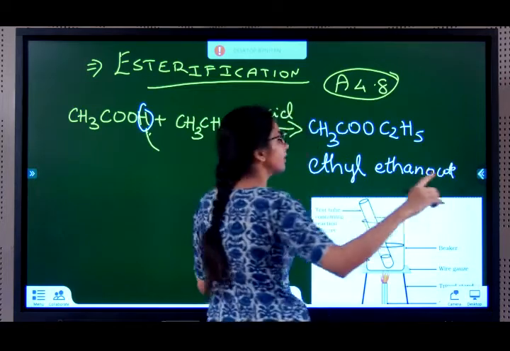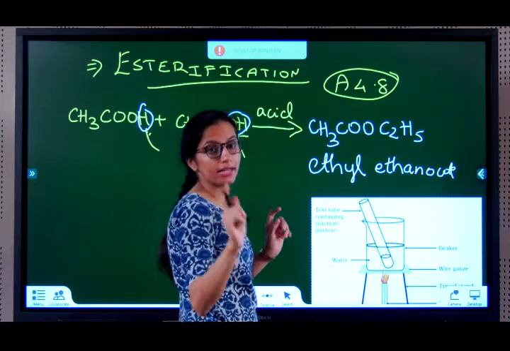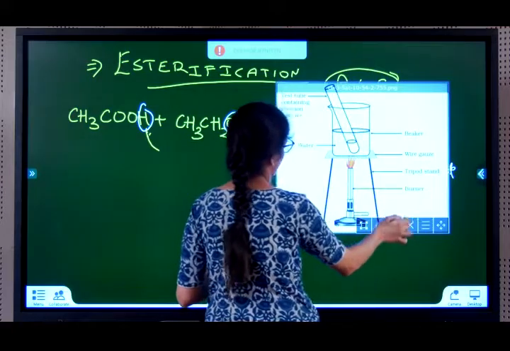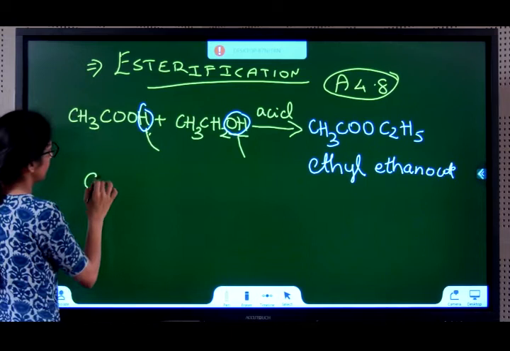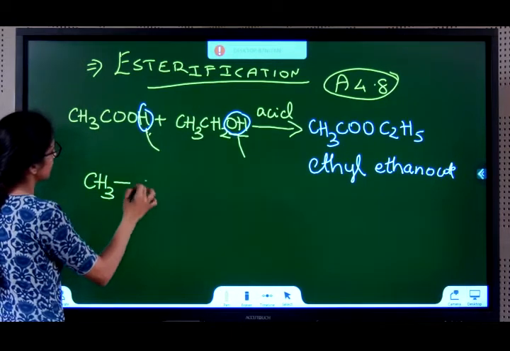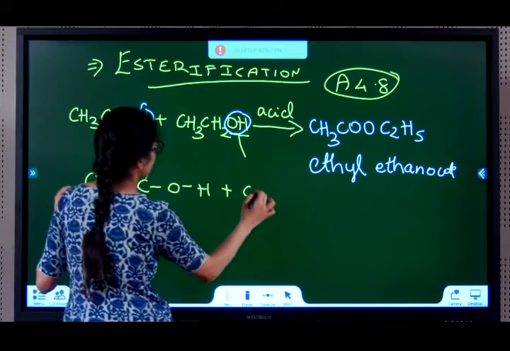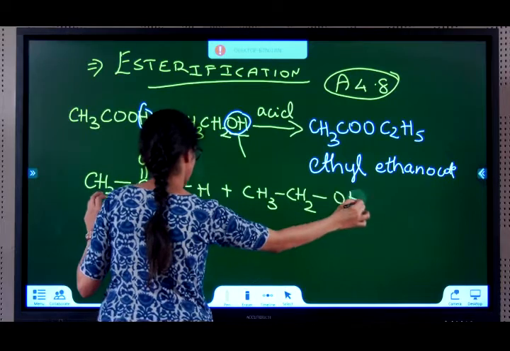We learned this under nomenclature in which part? Esters. Yes. So the ester is formed here. You can show the removal of water. I'll just show you with respect to the bonds. Look here. CH3COOH plus CH3CH2OH.